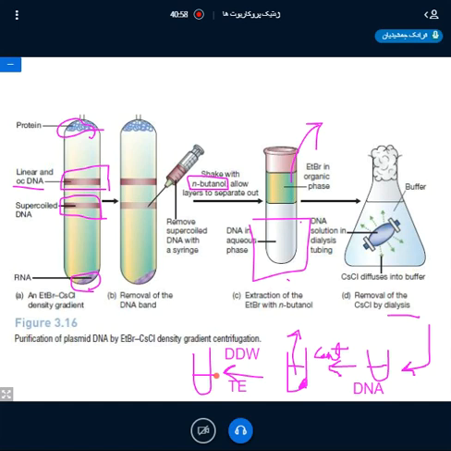If you remember the steps, it's so easy because the steps are repeated in other extractions. For example, in all the extraction types, use ethanol for precipitation, and DDW or TE to dissolve the pellet of DNA.